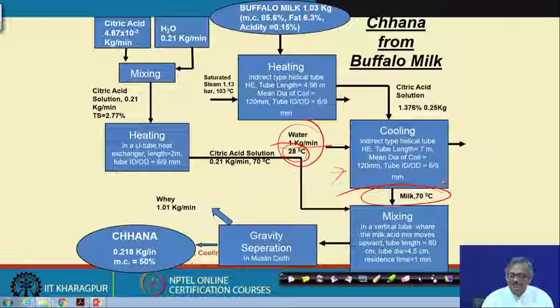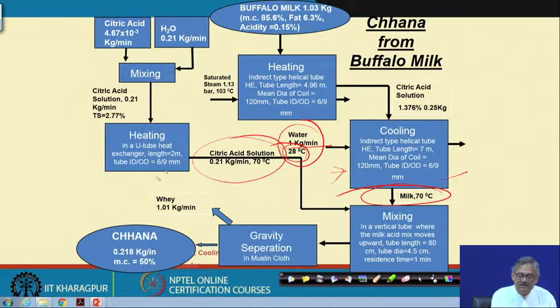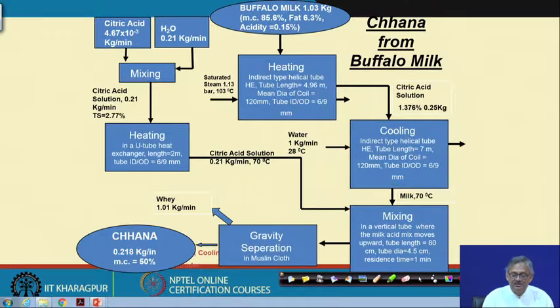So you have 70 degrees centigrade milk and citric acid solution at a rate of 0.21 kg per minute, which is brought to 70 degrees centigrade, because if it is not 70, then again heat will be exchanged between them, that is not desirable.